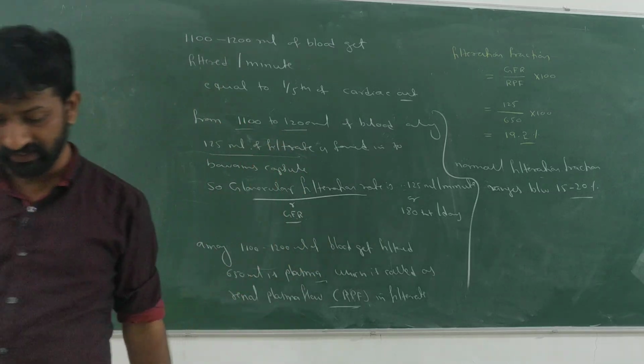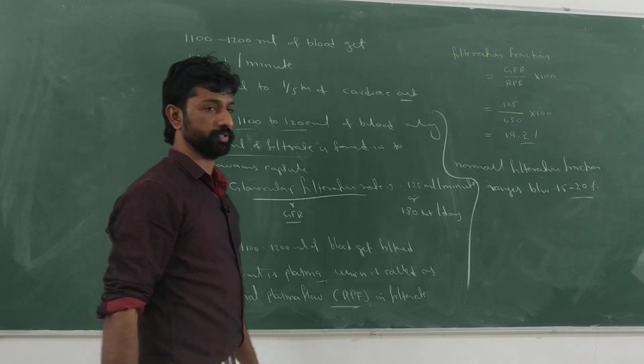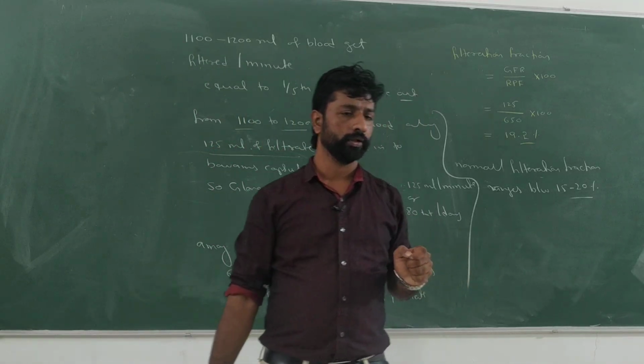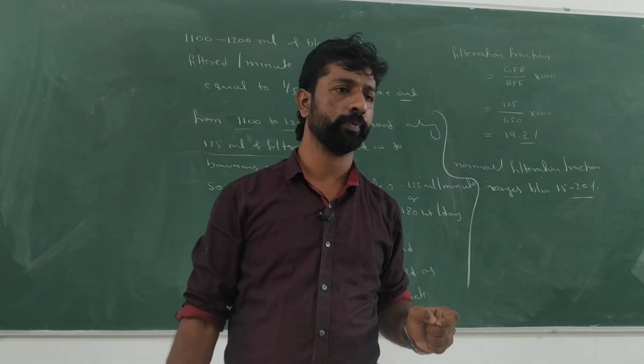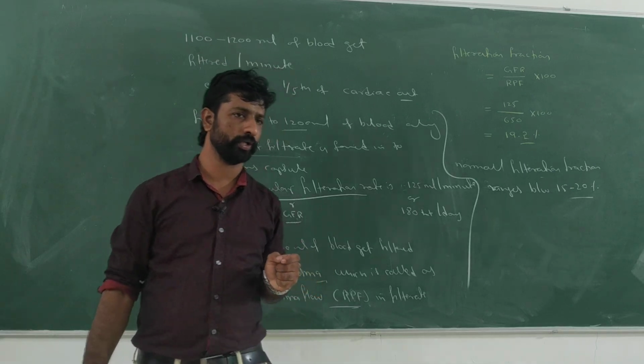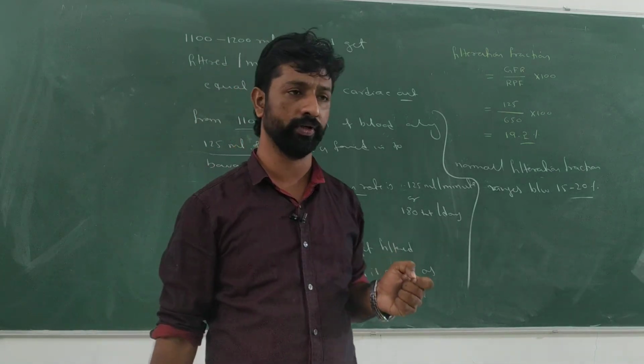If, as we mentioned regarding net filtration pressure, it is 10 mmHg, right? So among that, glomerular blood hydrostatic pressure is 60 mmHg, BCOP and CHP together 50 mmHg, right? So the net filtration pressure is 10 mmHg.